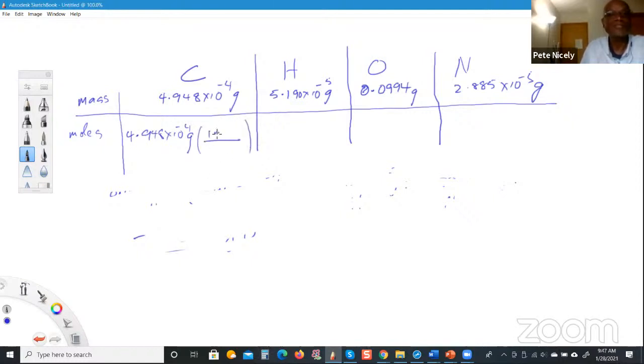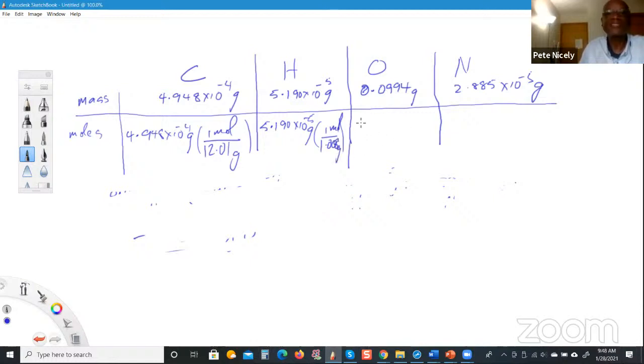In the case of carbon, that would be 12.01 grams per mole. In the case of hydrogen, we divide the 5.190 times 10 to the minus 5 grams by 1 mole over 1.008 grams.